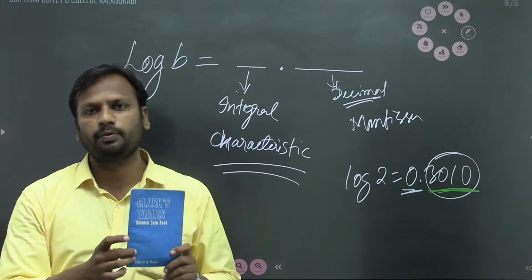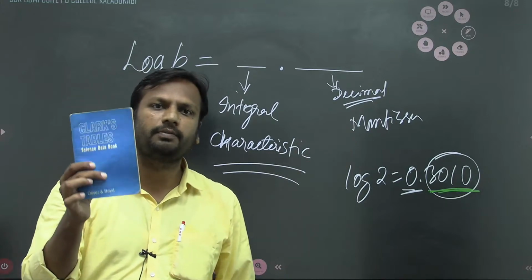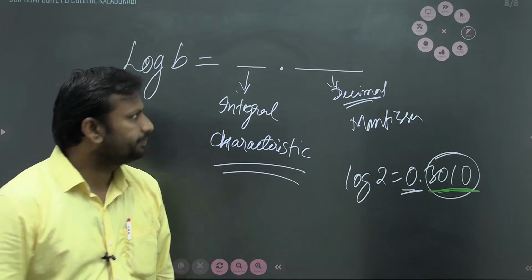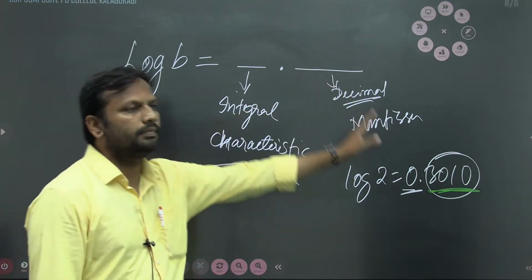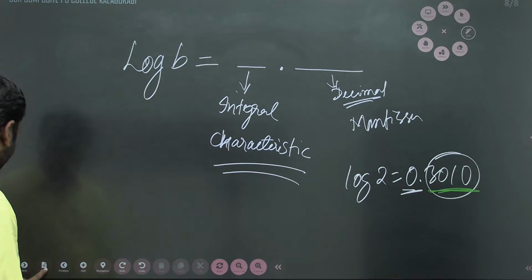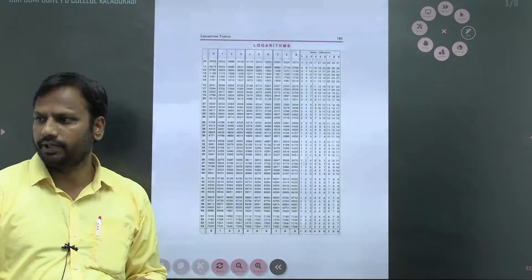Common log table book here. So the Mantissa part can be obtained from this log table, right? So how do I find this Mantissa part? With the help of the log table, students, that is in this form. The log table will be in this way here, right?